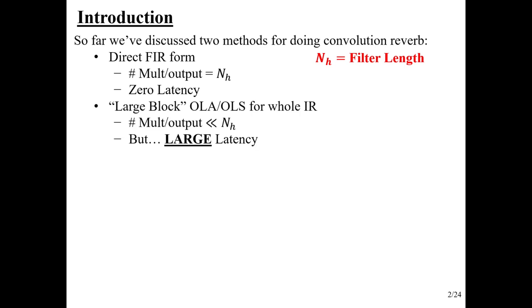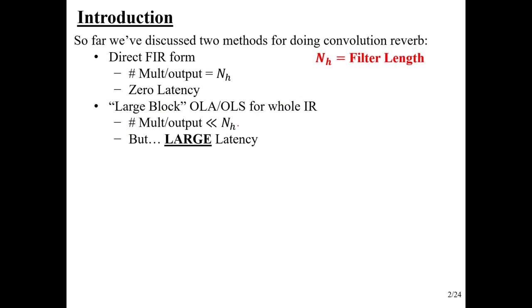Then we looked at the overlap add and overlap save, and in particular, we're going to be focusing on overlap save here. And that was applied to the whole impulse response, so length NH. And what we saw was that it significantly reduced the number of computations. So that's good.